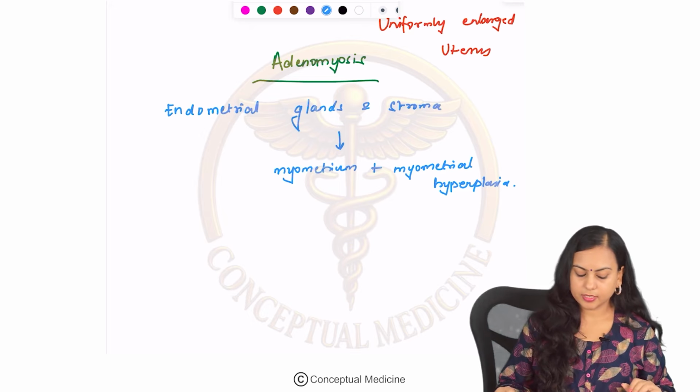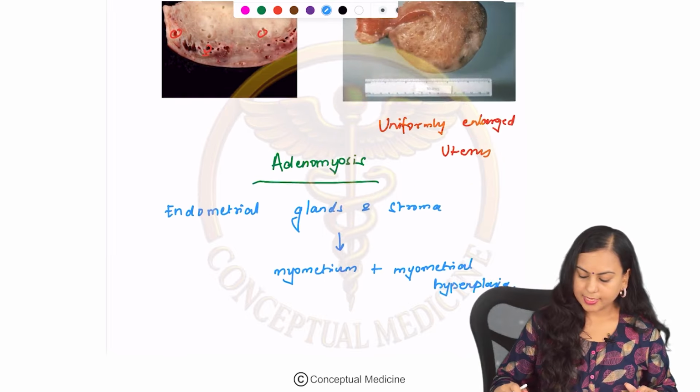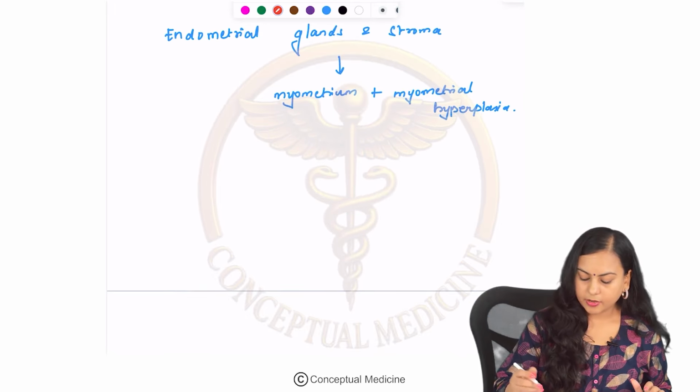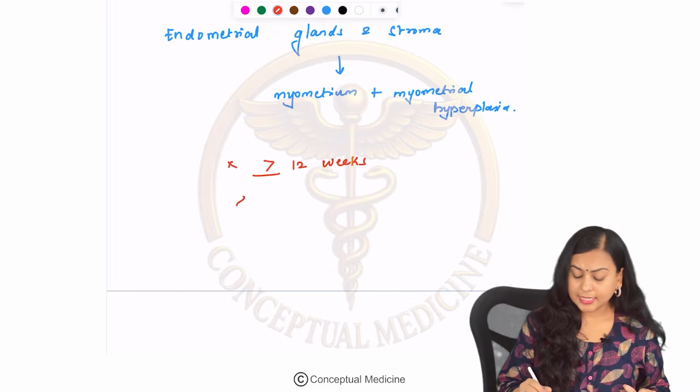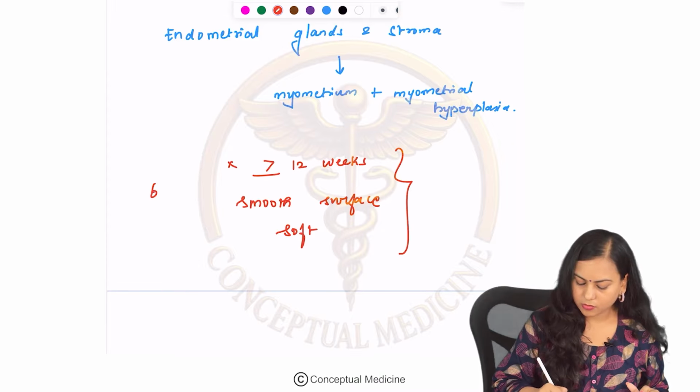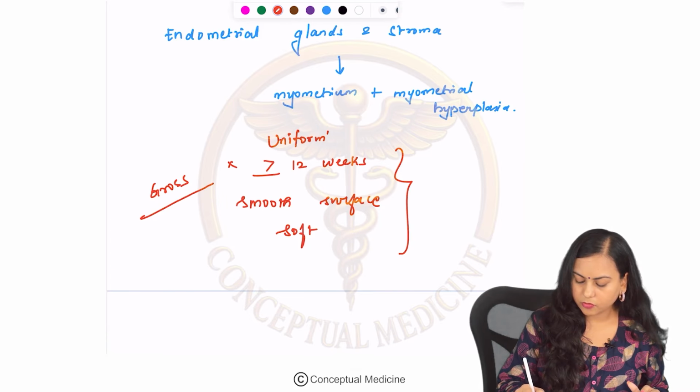Clear? Right. So gross, as I have told, it is going to be a uniformly enlarged uterus, and remember, it is not going to be more than or equal to 12 weeks. Okay, and it has a smooth surface and it looks soft also. Okay, so this is how your gross picture will be, and it is going to be, yes, uniformly enlarged, right?